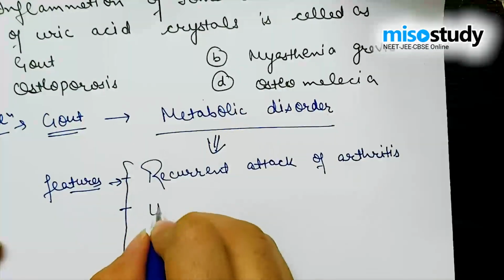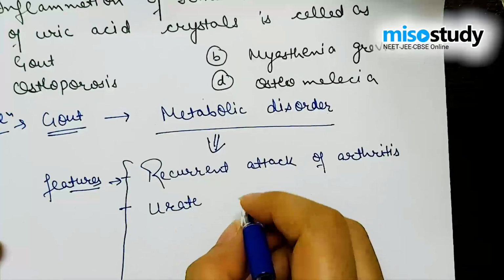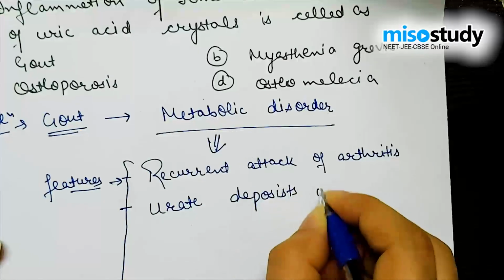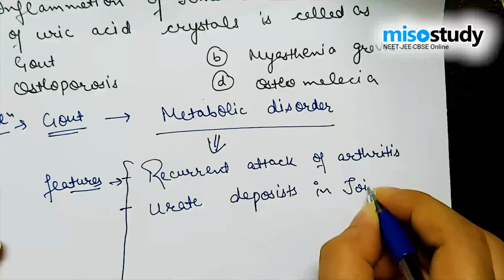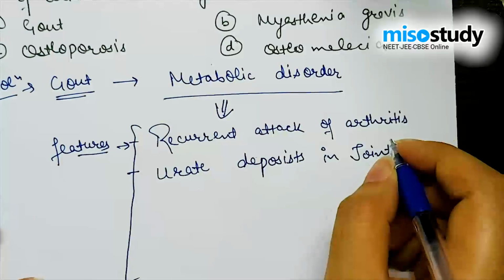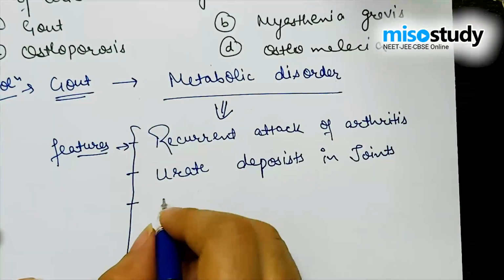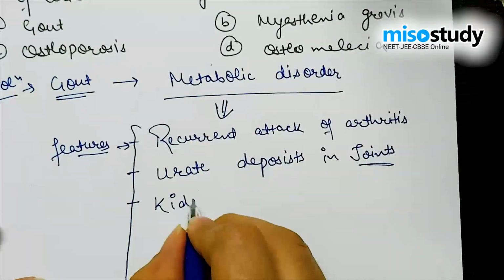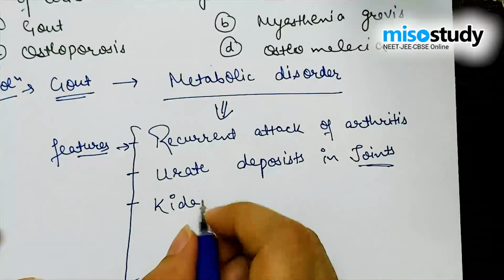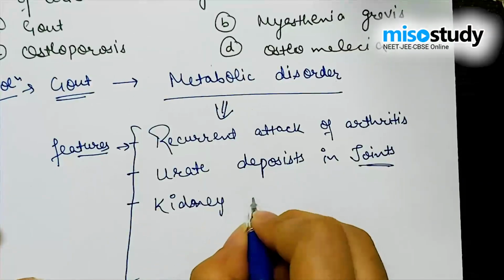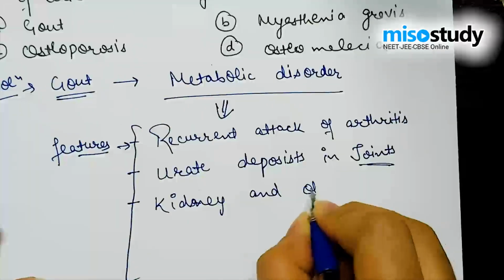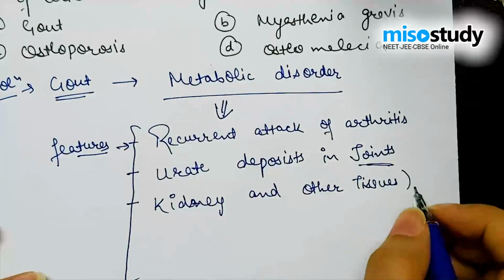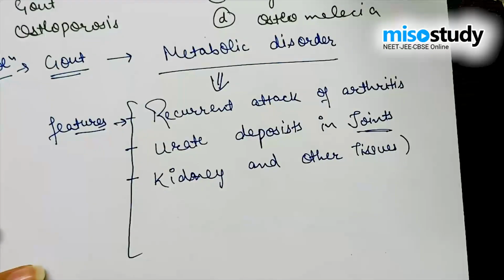Next feature is urate deposits in joints. Next, apart from the joints, urate is deposited in the kidney and other tissues too.